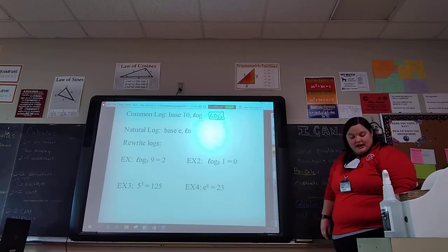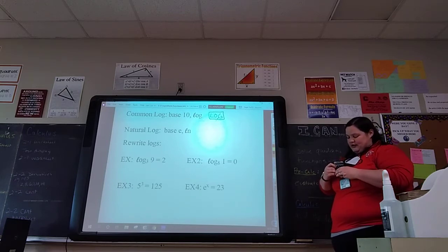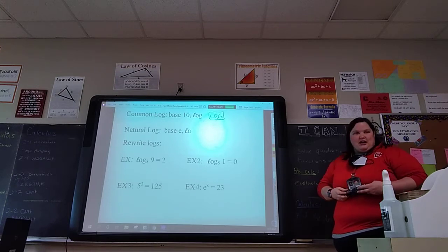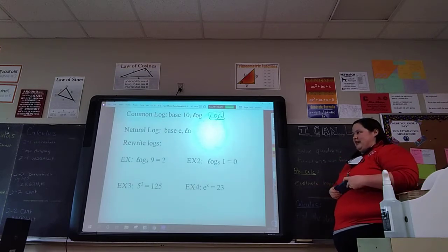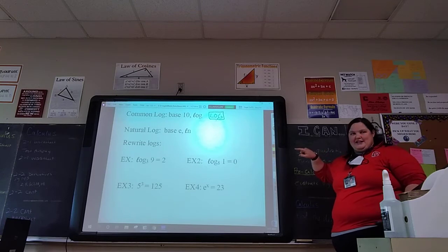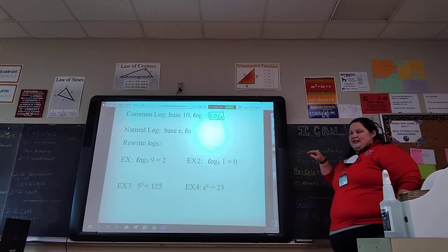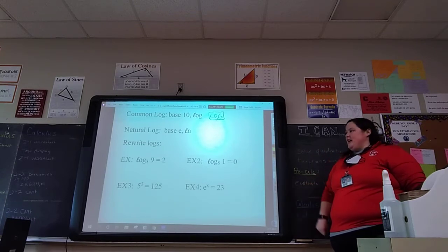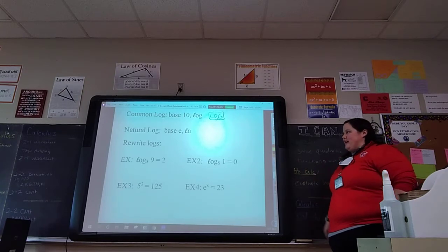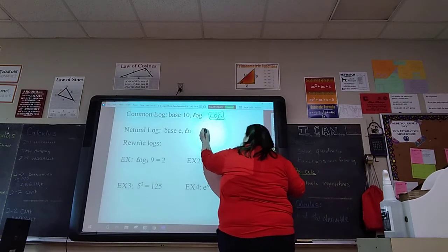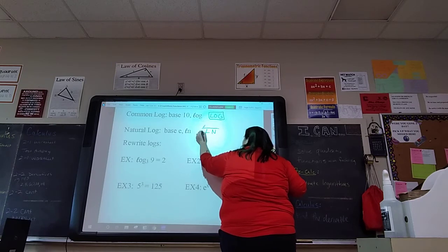Then there's another button that's usually close to it. There's another log, but we use it specifically because remember we had e as a number? Well, e as a number has its own special logarithm, and that's called the natural log. They use the abbreviation LN for that.